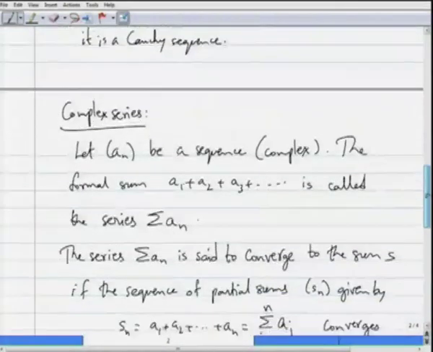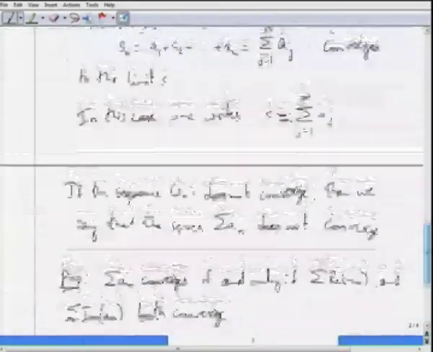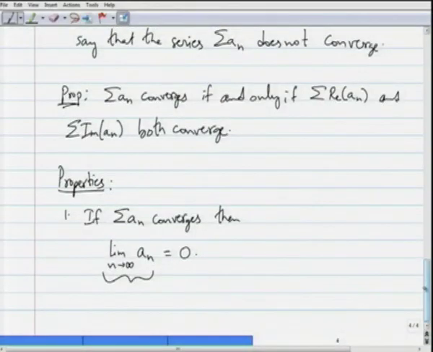The viewer might be familiar with it from real sequences, and we are using a similar notation for complex numbers. The limit as n goes to infinity of a n has to be 0 if the series sigma a n converges. I will call this point 1.